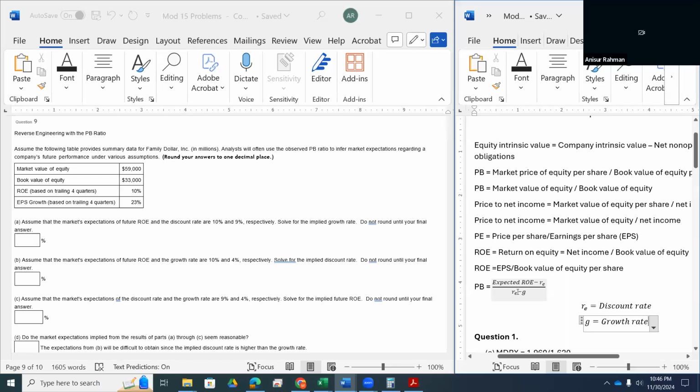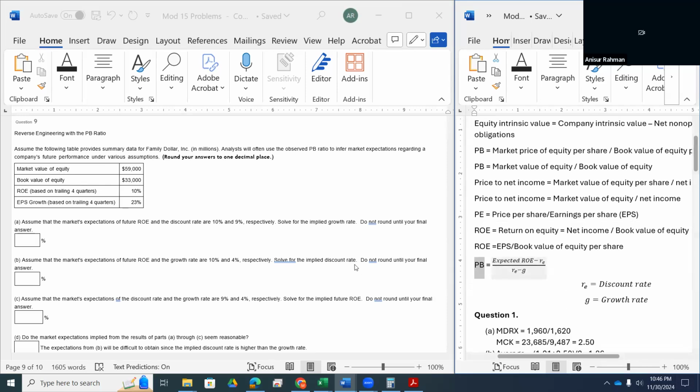We have to solve for the growth rate, G. So we also need to know PB. If we know the values of all variables except one, we can find the missing variable. The PB is calculated as market value of equity divided by book value of equity.